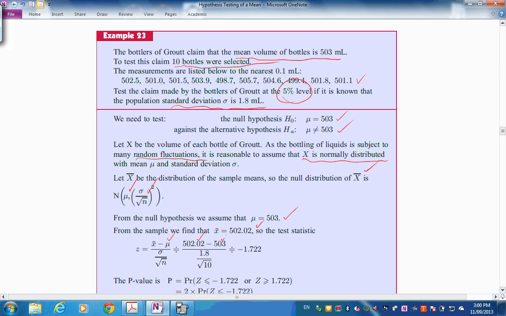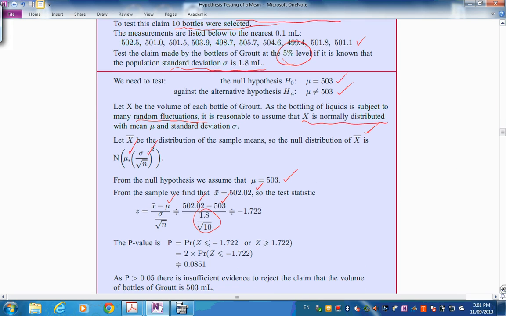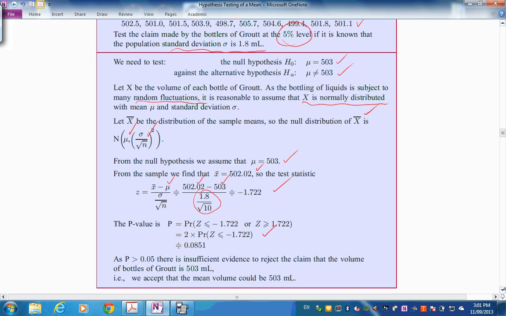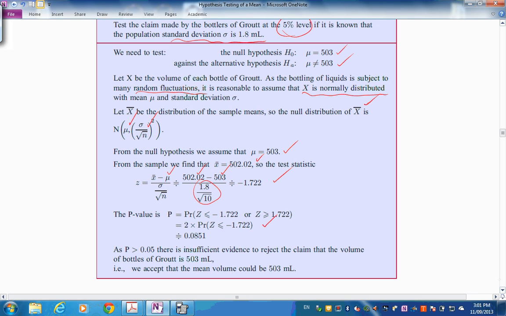x bar minus mu over the sigma of the distribution, and the sigma for the x bar distribution is sigma from the population divided by root n. Remember that from before. So we got negative 1.722, and we double that to be less or greater than on either side of the mean of naught, and we get this. So there is insufficient evidence to reject the claim.